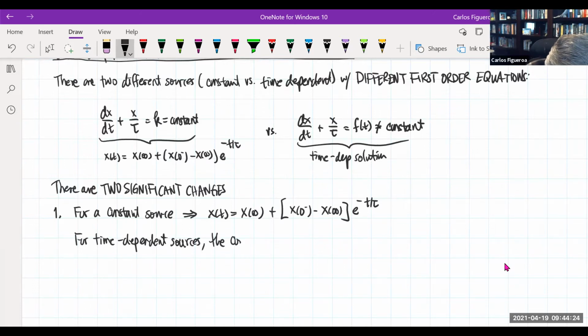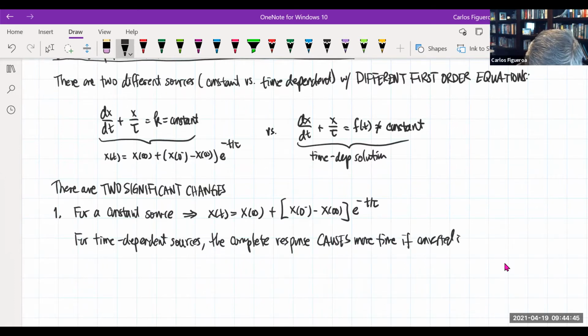the complete response costs more time if converted into a Norton Thevenin circuit.